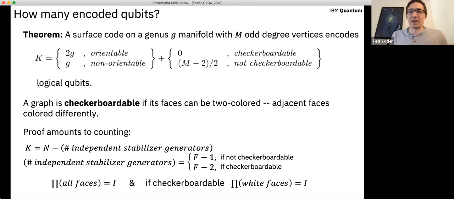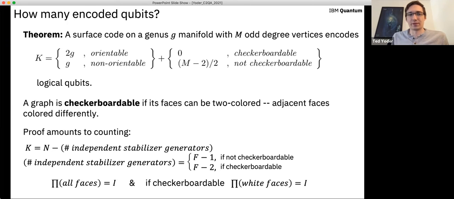I hope that the name implies what it is. We'll see some examples next. So if a graph actually has odd degree vertices, then it is not checkerboardable, because locally around that odd degree vertex, you can't even 2-color the faces.